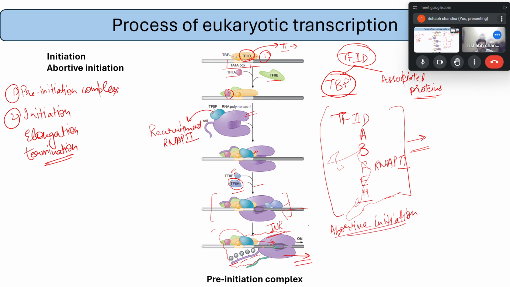During initiation, around 10 to 12 nucleotides are formed, and then the RNA polymerase slips off from the DNA. This leads to the stoppage of the initiation, and then the elongation also stops. Further, a new RNA polymerase is again bound to the DNA, and the process of initiation starts.